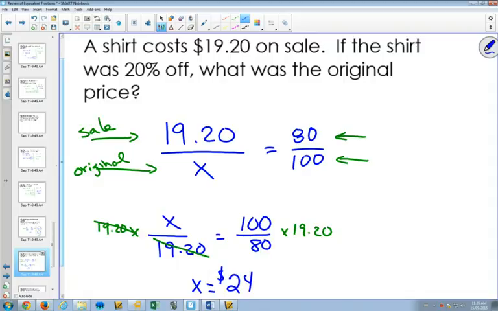Yes? If you weren't giving us the fractions and stuff, could you just do 10% of 1920 twice and get the original? Well, the tough part of doing 10% of 1920 is when it was 20% off, the 20% off would have come from this original $24. So 10% of 24 is $2.40, and 20% is $4.80.